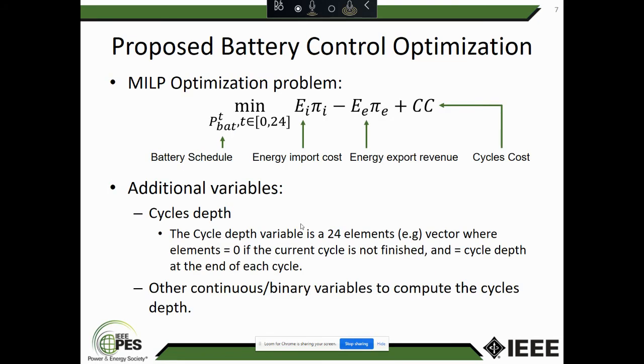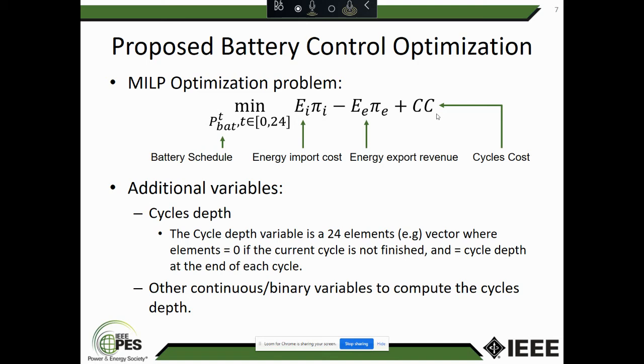And when we want to include the cycles into consideration, this is the formulation that we obtain. So we still want to minimize the energy import costs. We still want to optimize the energy export revenues. And we also consider the cycle cost as a cost that we want to minimize. So what we propose in this paper is a formulation that captures this cycle cost even if the cycles are not starting at 100% of state of charge.